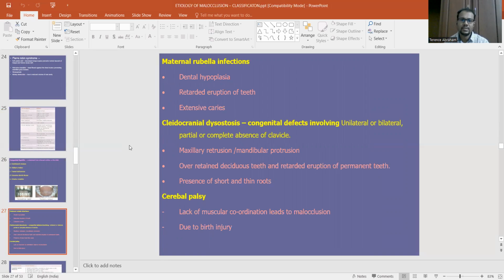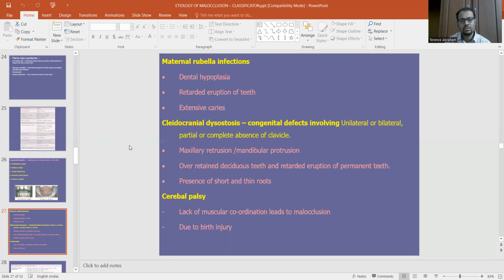Various syndromes such as cleidocranial dysplasia, which is a congenital defect involving the unilateral or bilateral, partial or complete absence of the clavicle. In such cases, you can see a retrognathic maxilla or prognathic mandible. The child has a tendency for skeletal class 3. There may be retained deciduous teeth as well as retarded eruption of the permanent teeth.